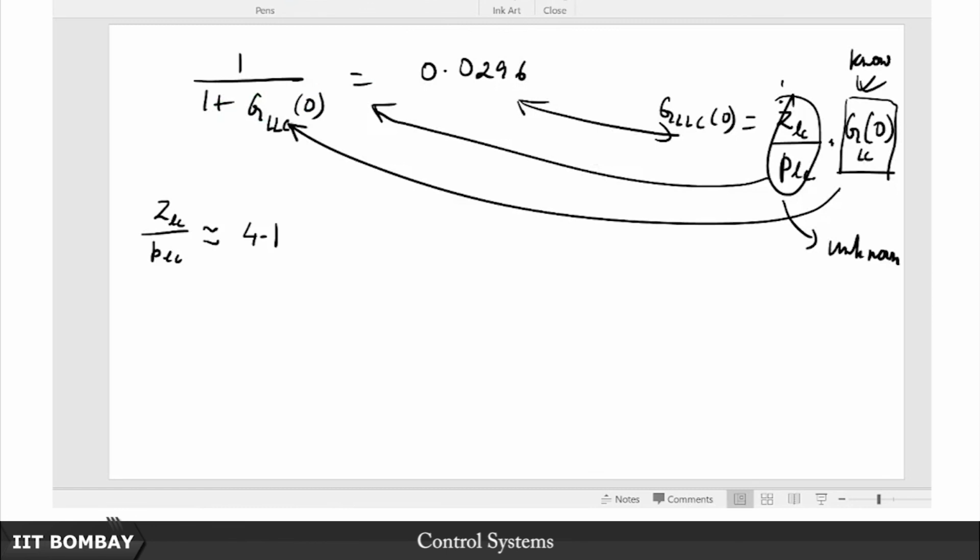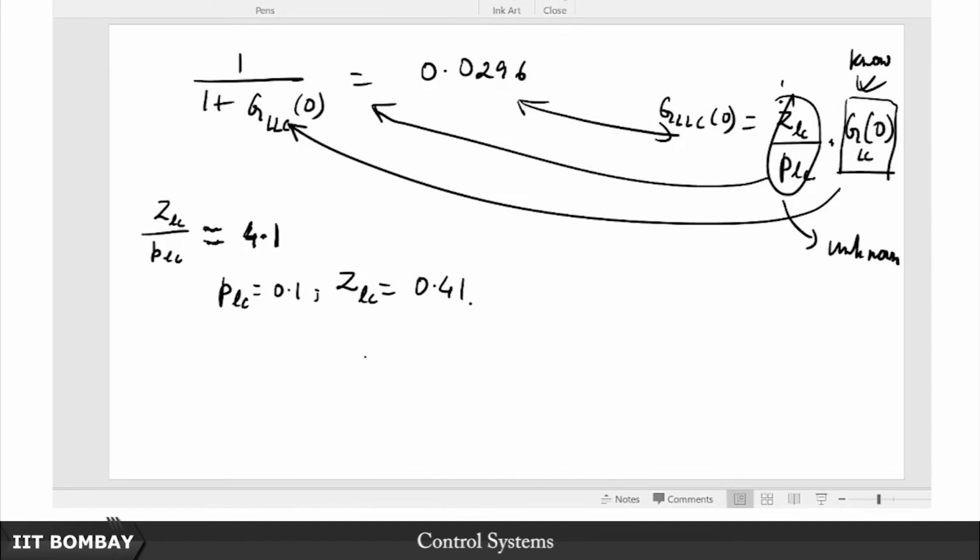This is meant to serve as a graphical technique after all, right. So then we have this ratio equal to 4.1, and I just arbitrarily chose, this is my choice, PLC to be 0.1 and ZLC, the 0 of the lag compensator, to be 0.41, yeah.